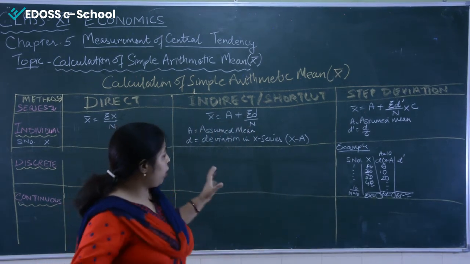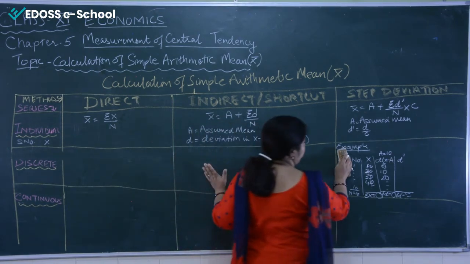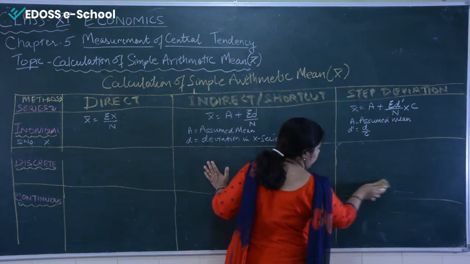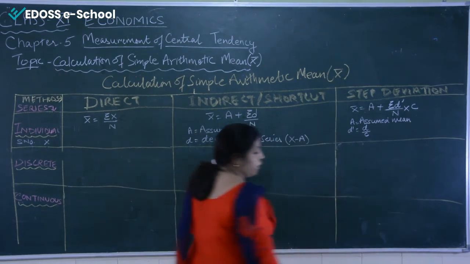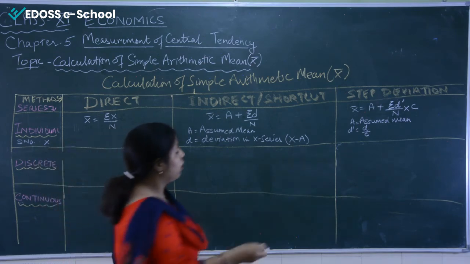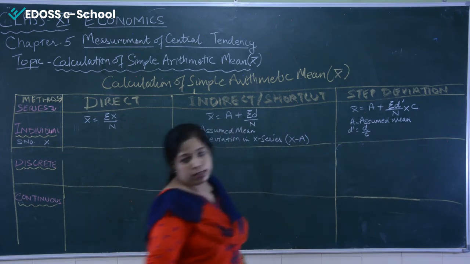Fine. So I hope you have understood the first set of formulas to calculate mean under individual series. Now we will learn and write the formulas for the discrete series.